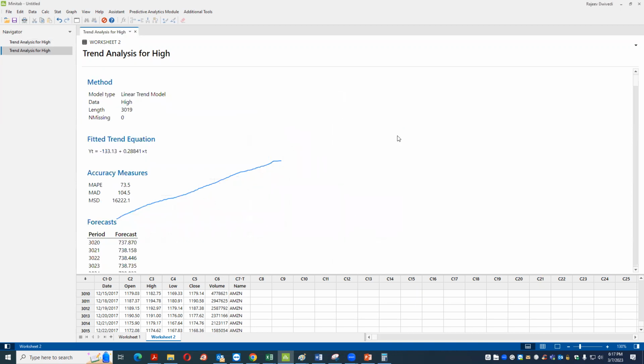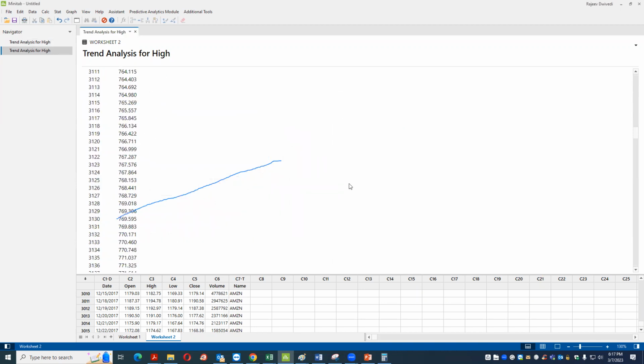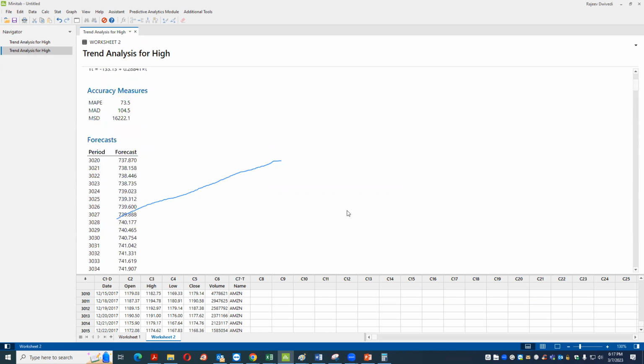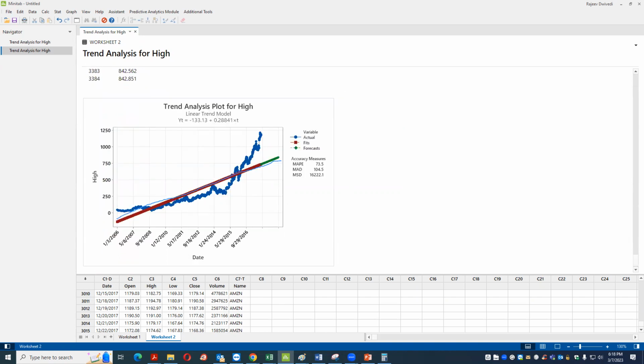And let's look into this. Here you can see this is the data till now, and this is the forecasted one. This is the 365 days. So what value do you get at this point after 365 days? You get 842.